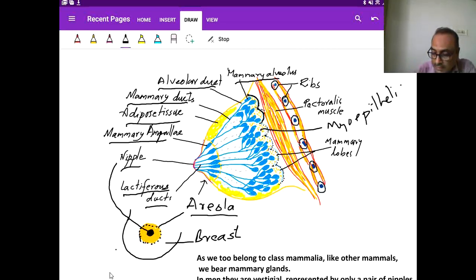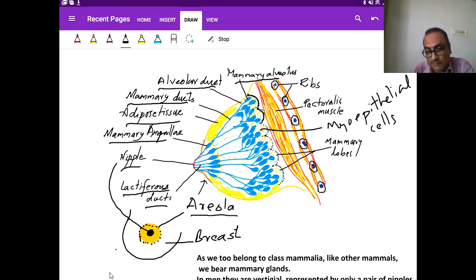Myoepithelial cells, because their contraction makes the alveoli squeeze out the milk, which runs through the duct system and is sent outside. Clear? That's how the functioning of the mammary gland takes place.